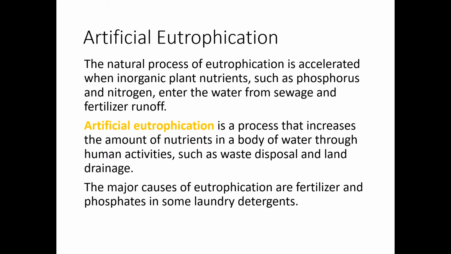And even if you apply it to your lawn or into fields with enough time before it rains, still some of it's going to run off into the runoff from the fields. So artificial eutrophication is whenever you have this phosphorus and nitrogen that increase the nutrients in the body of water.